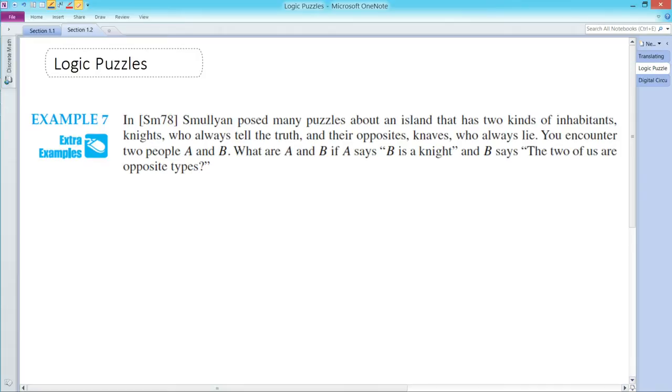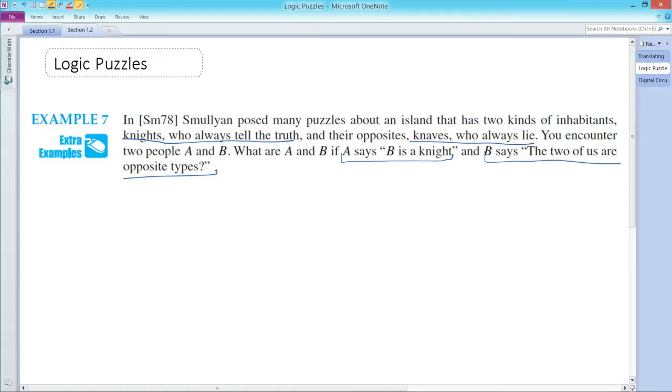Example 7 is related to a type of or family of puzzles about an island that has two kinds of inhabitants, knights who always tell the truth and their opposite, the knaves who always lie. And in this example, if you encounter two people, A and B, then the question is, what are A and B if A says that B is a knight and B says that the two of us are opposite types?